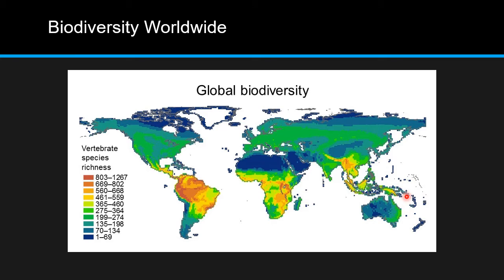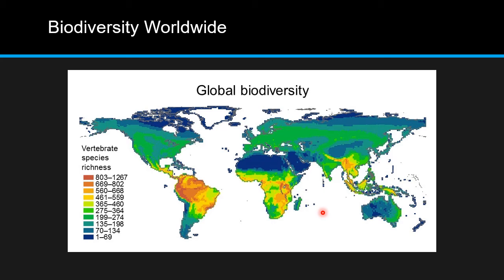Over here in the Great Barrier Coral Reef, we have lots of types of fish, lots of types of coral, marine life, lots of types of sea plants. We have a lot of life over here.